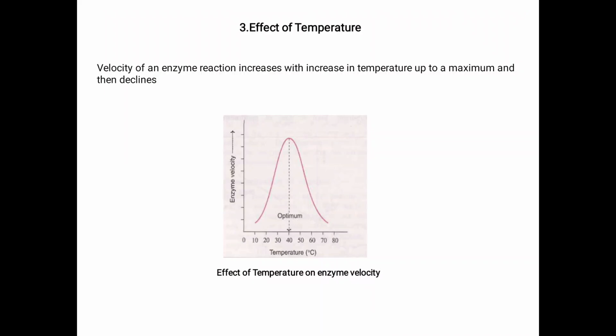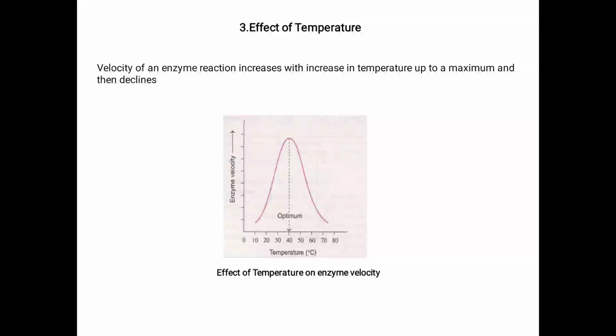Okay, effect of temperature. We all know enzymes work nicely at a certain temperature. Functioning of the enzyme is optimum at 40 degree centigrade. So the velocity of enzyme reaction increases with the increase in temperature up to a maximum, and then it will decrease.